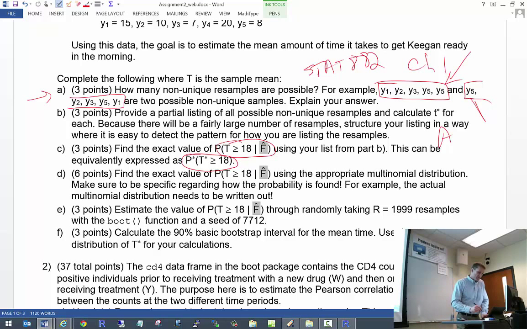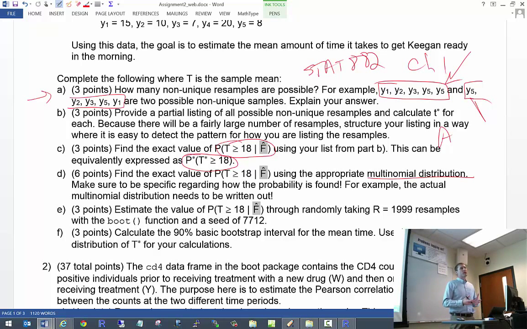Part D says do the same thing, except now use a multinomial distribution to find your probabilities. Remember early in the introduction to the bootstrap, I said taking resamples is kind of like working with a multinomial distribution. So I do want to actually see a few multinomial distributions will be needed.